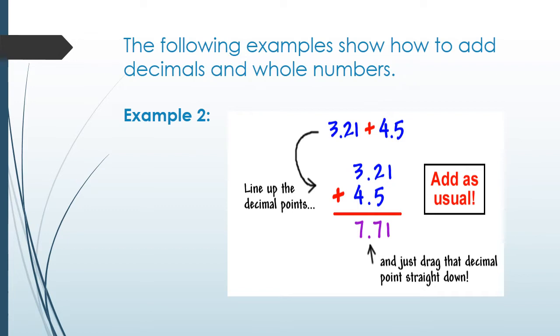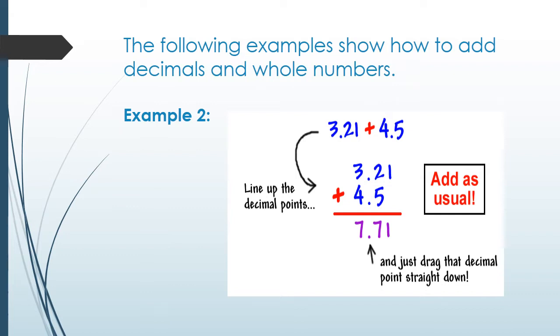Example 2. We want to add 3 and 21 hundredths, 4 and 5 tenths. First step, line up the numbers. 3.21 I write, then I put the decimal below the decimal, so 4.5.